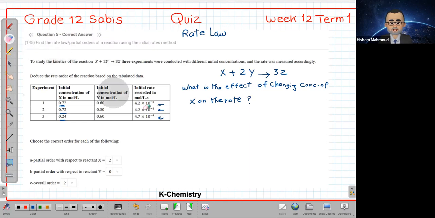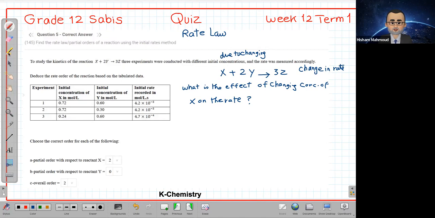In order to know that, we have two reactants, so I cannot change both of them at the same time. I have to keep one of them aside, so I have to keep the y aside. Otherwise, if y is changed and x is changed and the rate changes, I will not know if the change in the rate is due to changing y or changing x. So I have to make one of them fixed.